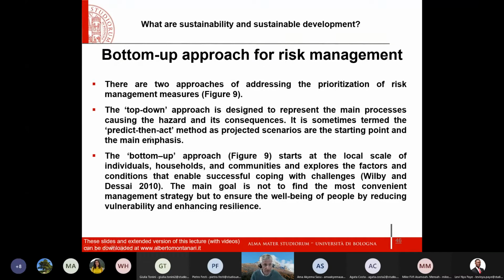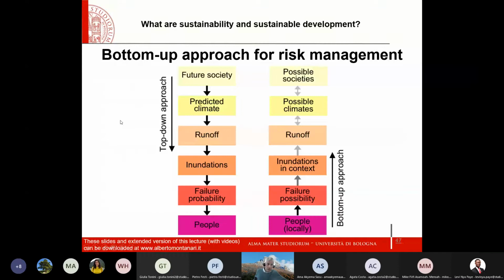This is presented in this figure, top down, bottom up. Top down starts from the future, predicted climate, and then goes to solutions, to people. The bottom up starts from people, from the solution, and goes back.